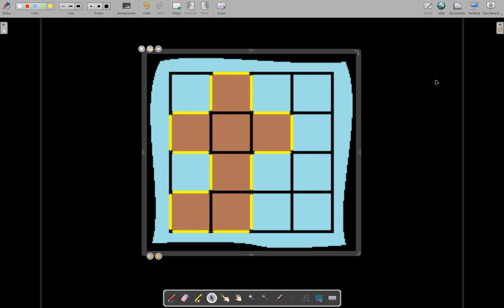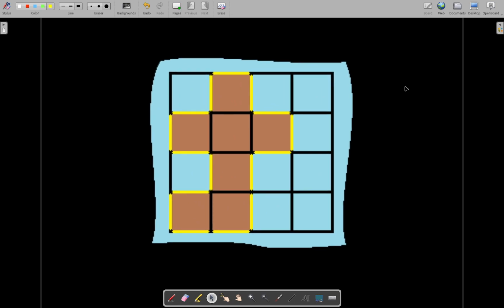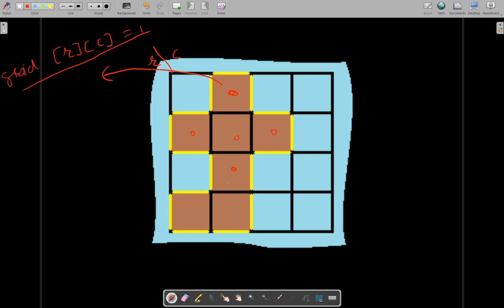What we will be doing is, if we are visiting a cell which is marked as land, let's say you are visiting a cell with coordinates r and c, where r is the row and c is the column, and that cell has 1 stored there, meaning it is land, or you are visiting one of these brown boxes, then you will check for the following thing.